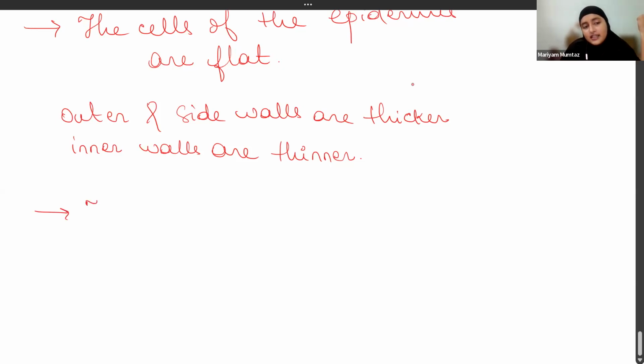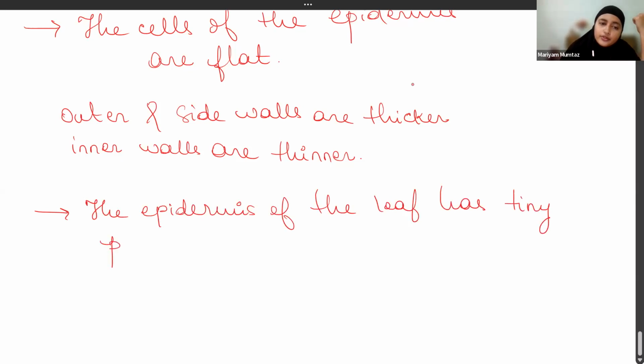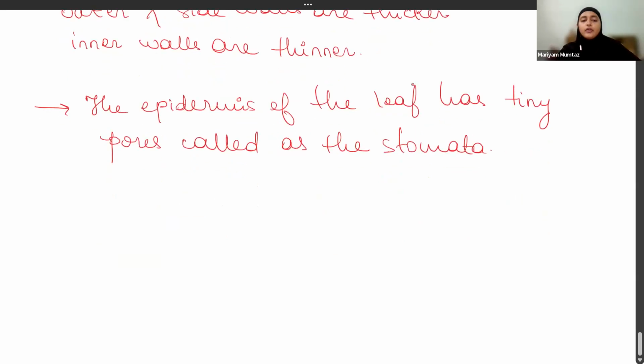So we can say that the epidermis of the leaf has tiny pores called the stomata. Okay, so tiny pores are present on the surface or the epidermis of the leaf, and these are known as the stomata. Is it clear? Yes, clear. All right, very good.